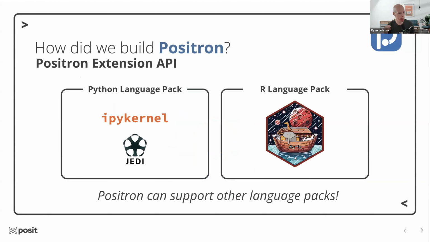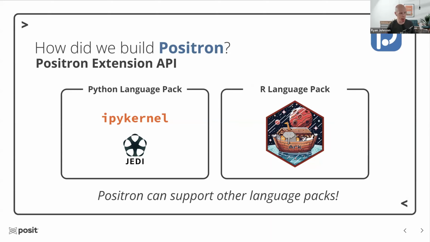And the main thing that this Positron Extension API gives us as data scientists is the ability to add language packs. Currently, when you install Positron, it comes with 2 packs already pre-installed. It has a Python language pack, which leverages IPyKernel and Jedi, and it has an R language pack, which leverages this relatively new tool, a kernel of R, called Ark, for its R language capabilities.